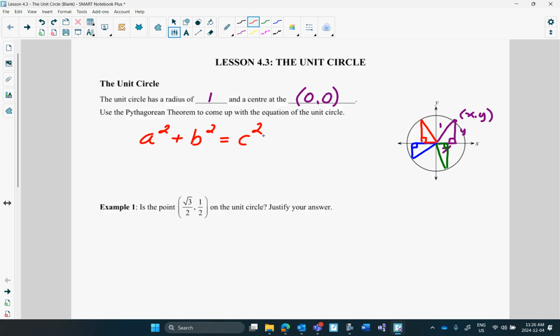Well, here, instead of a, I'm using the length of x, so x squared, plus, instead of b, I'm using the length y, y squared equals the hypotenuse squared. Whenever I put a right triangle inside the unit circle, the hypotenuse is always 1. So 1 squared is 1.